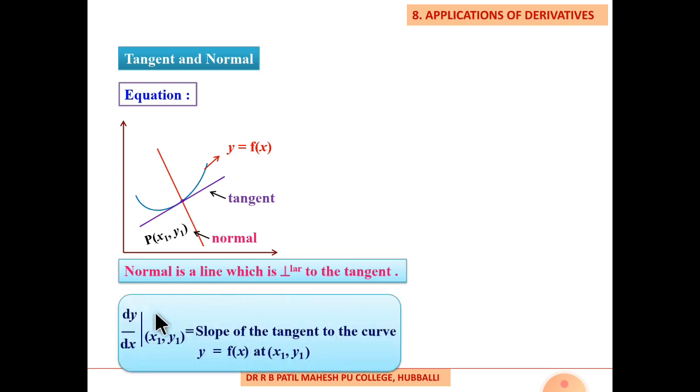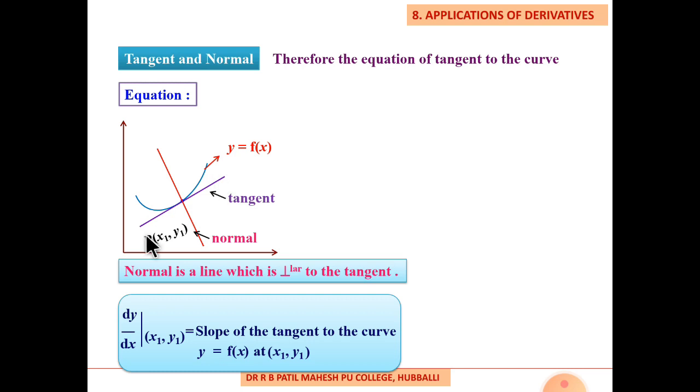Now here dy by dx at (x1, y1) is the slope of the tangent to the curve y equal to f of x at (x1, y1). So this is the slope of the tangent at the point P (x1, y1). Therefore, how do we calculate the equation of this tangent?